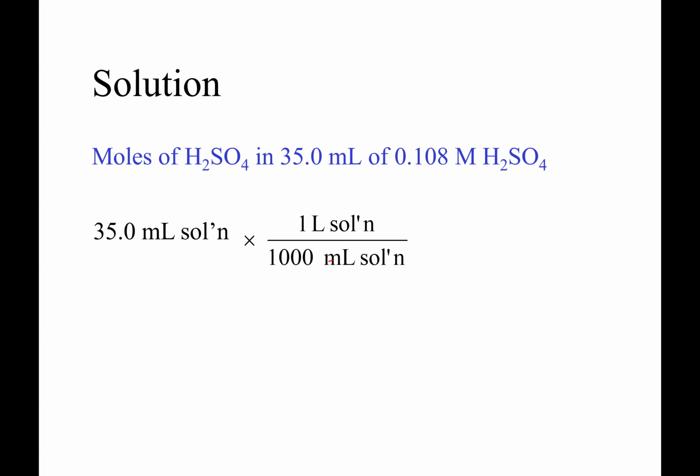Perfect. Now I didn't unpack it for you yet, but you know how this works. That big M, 0.108 big M, means 0.108 moles of H2SO4 per 1 liter of solution. So how can I use a ratio here to get liters of solution to cancel and be left with moles? Do I leave it or do I flip it?